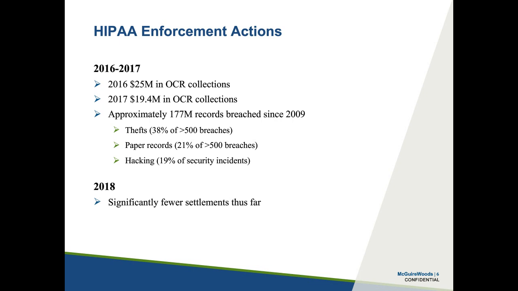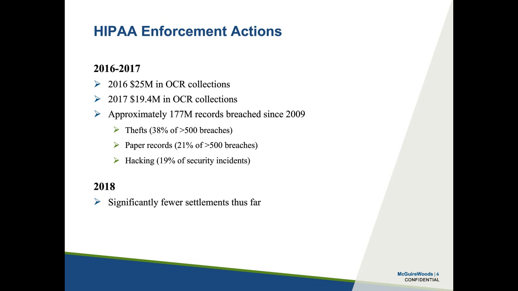Interestingly, we see that thefts are still a huge percentage of breaches over 500 records. Paper records, which we sometimes forget about, are still at about 21% of those large breaches. And hacking is almost at 20% of security incidents. All of those things are really notable, and understand that a lot of thefts can be prevented by certain security controls, or certainly by encrypting the information so that it can't be obtained.